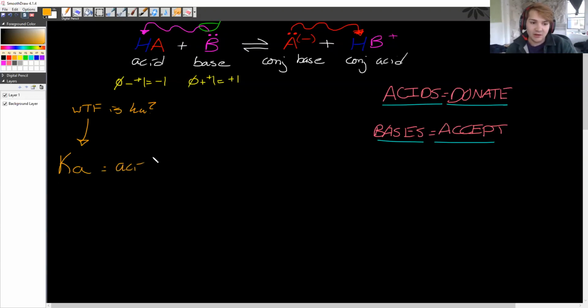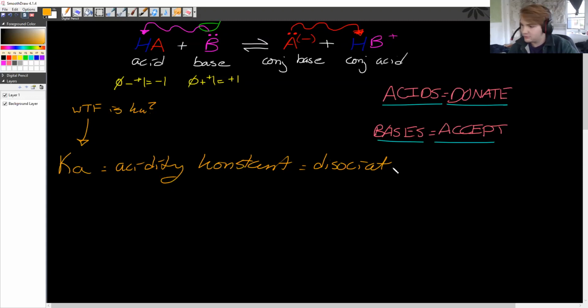is the acidity constant. Constant with a K because it's German. So what is this saying, the acidity constant? Well, it's the dissociation constant as well. I think there's two S's in there.